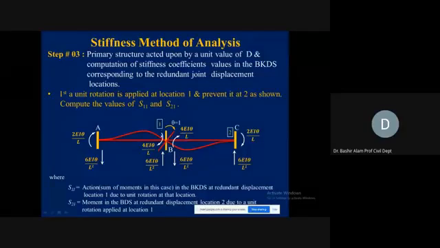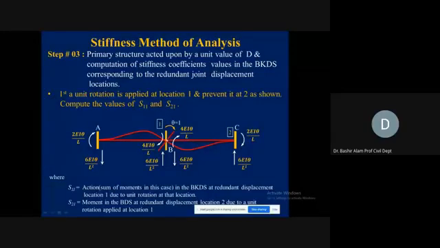Now at the far end, the moment will be shifted in the same direction. If you see here, the left one was produced in the clockwise direction. Why clockwise? Because the rotation given was in the clockwise direction.